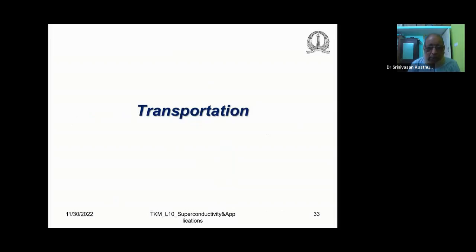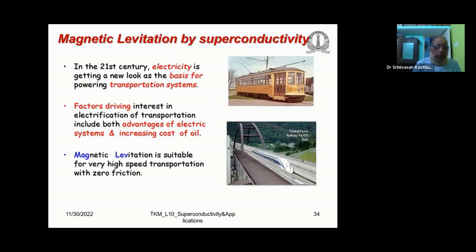Okay. Let's look at the applications in transportation. What about the transportation sector? In the 21st century, electricity is taking a new look as the basis for powering the transport system.